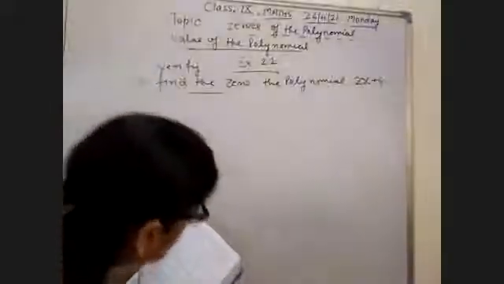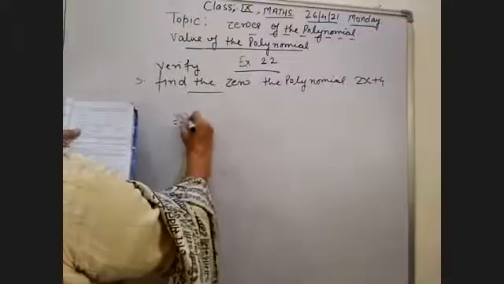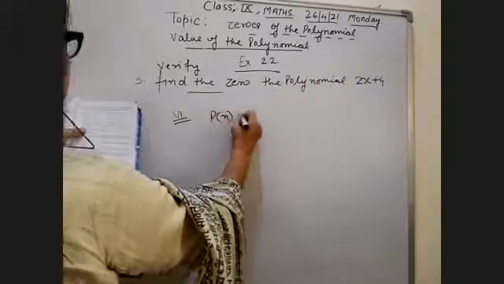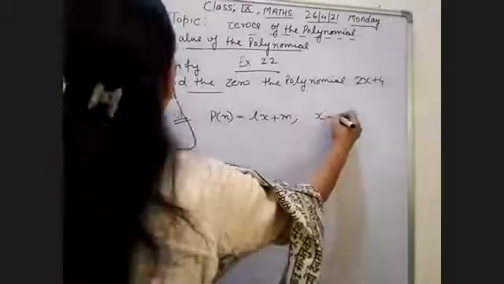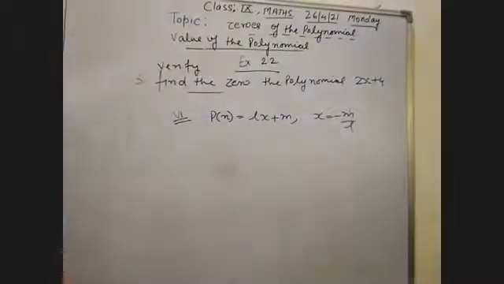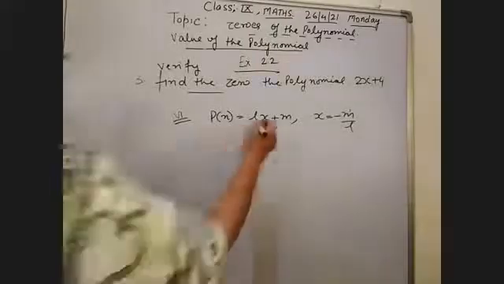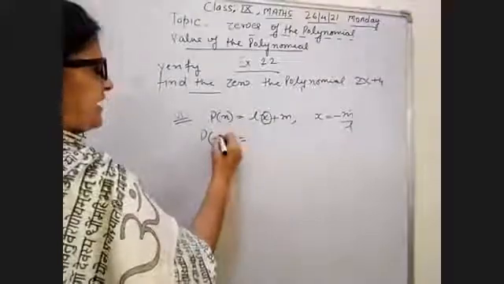One more question I am taking, the sixth question. When px equals lx plus m, in place of x you have to put the value -m/l.